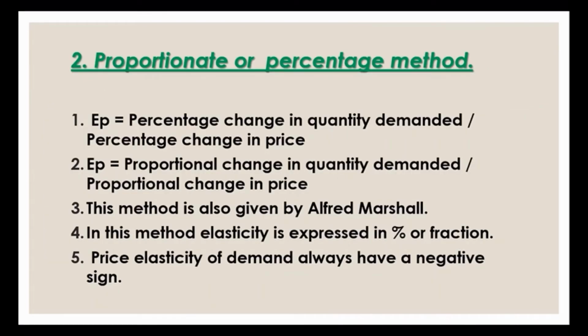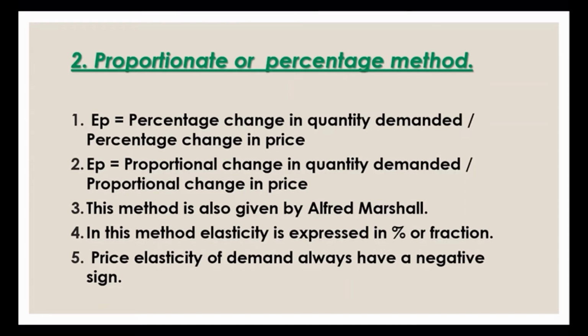Now we will move to the second method of measuring price elasticity of demand, and that is the proportionate or percentage method. The formula to calculate price elasticity of demand with the help of this method is equal to percentage change in quantity demanded upon percentage change in price. We can also represent this formula as EP is equal to proportional change in quantity demanded upon proportional change in price.